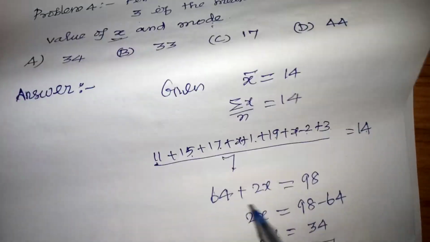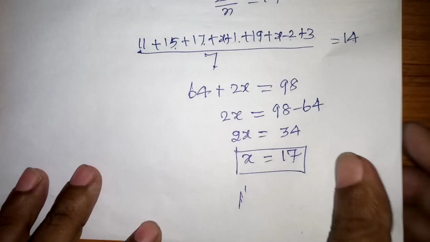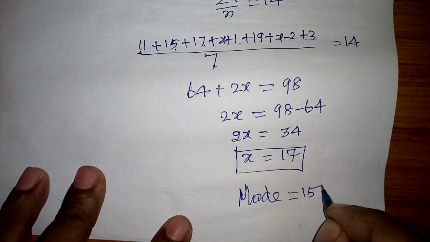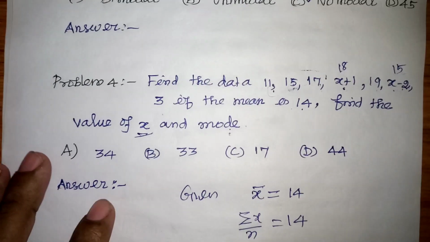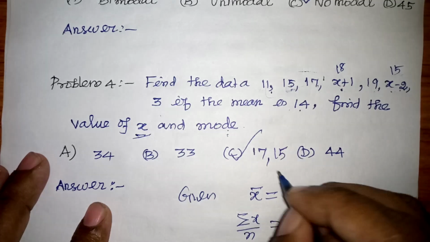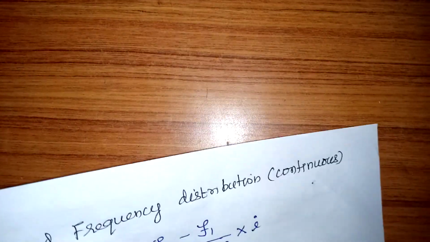Therefore the mode is 15. So the option with x value 17 and mode 15 is correct. Right, go to the next.